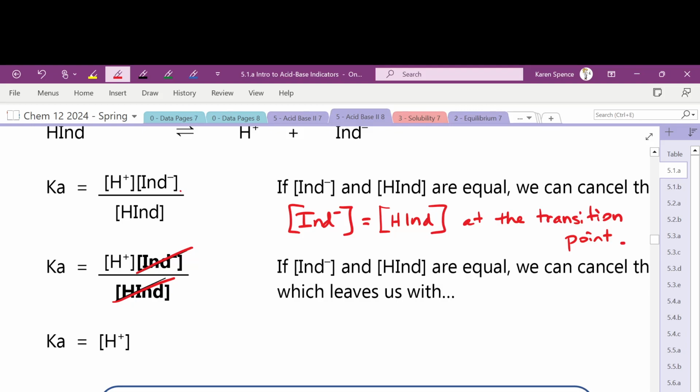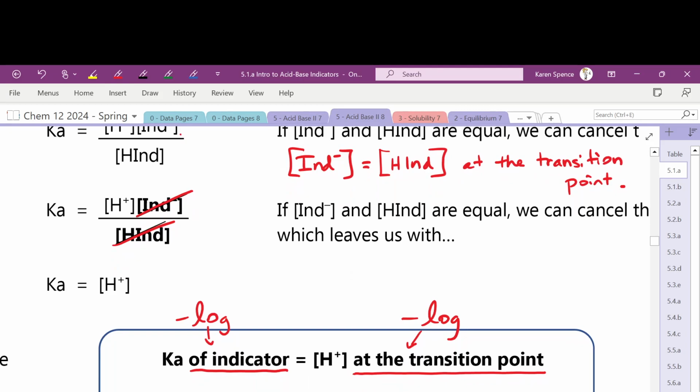Now, if I was to take the negative log of the Ka, and if I was to take the negative log of the H plus, what do I get if I take negative log of H plus? I get pH.